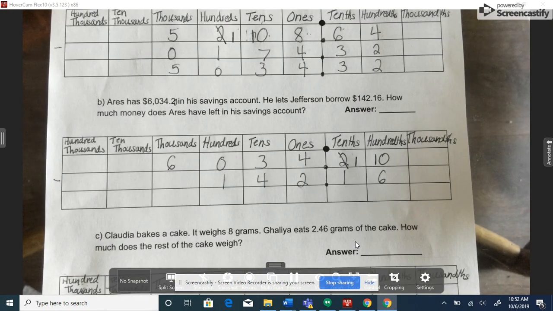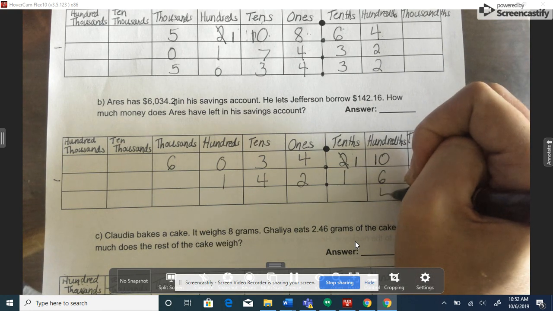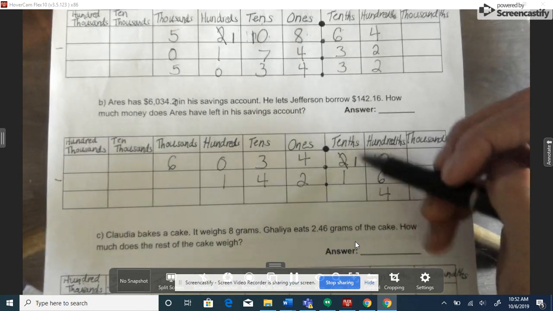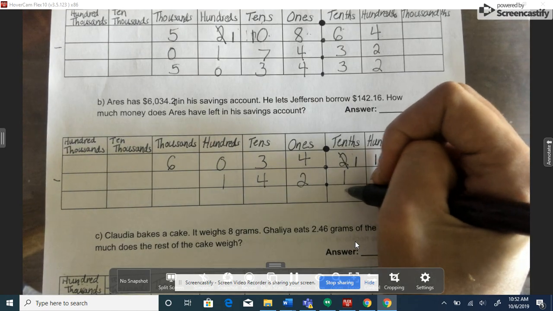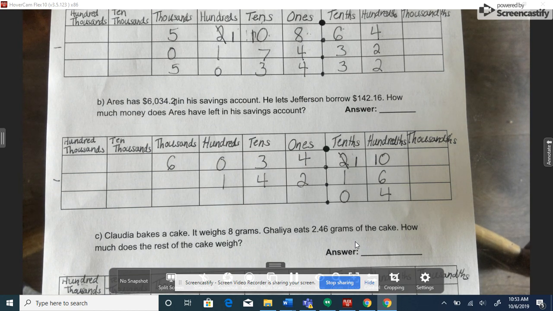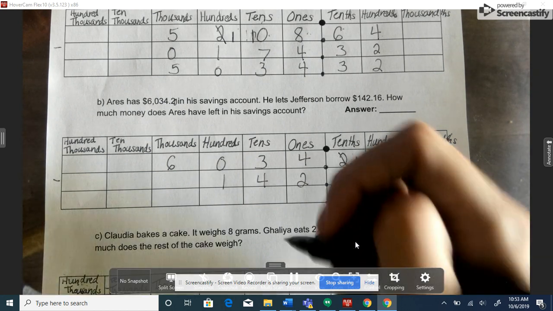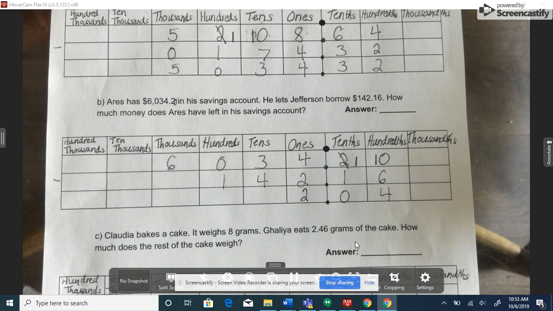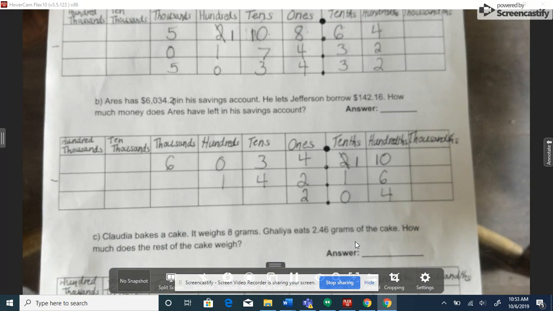So Matt, what is 10 hundredths minus 6 hundredths? 4 hundredths. Very nice. 1 tenth minus 1 tenth? Nothing, so 0 tenths. Put that decimal point here. 4 ones minus 2 ones? 2 ones. Very good.